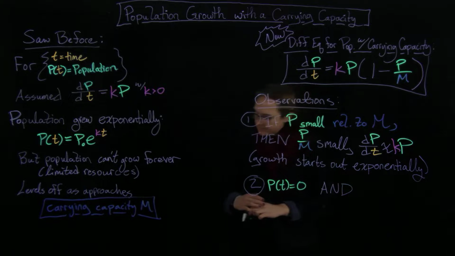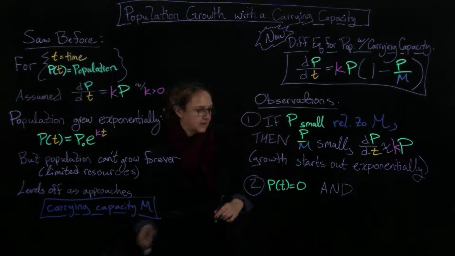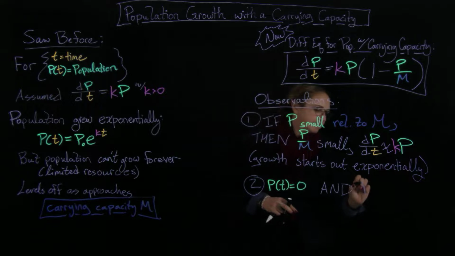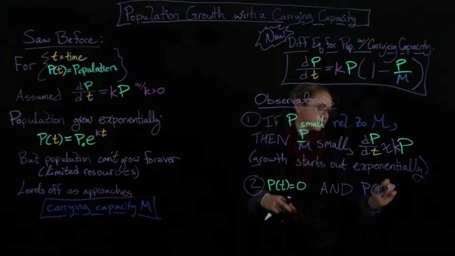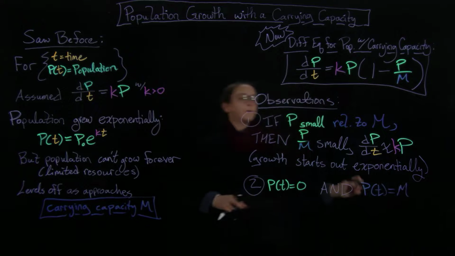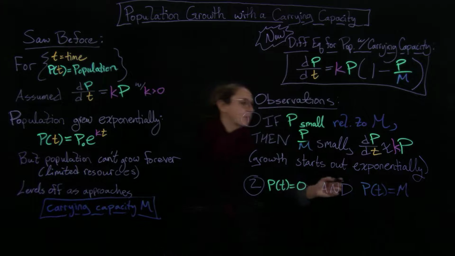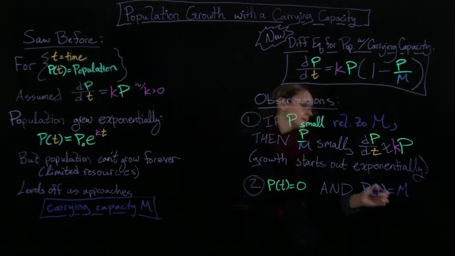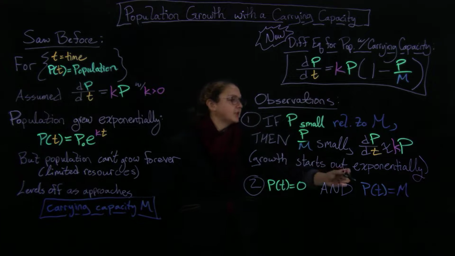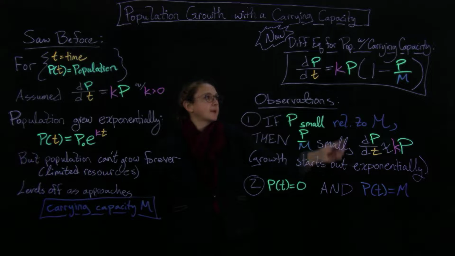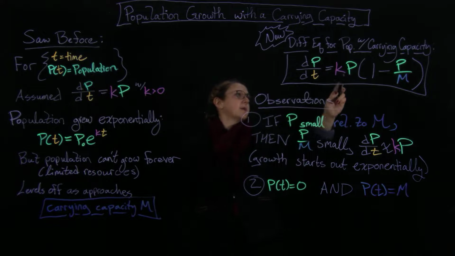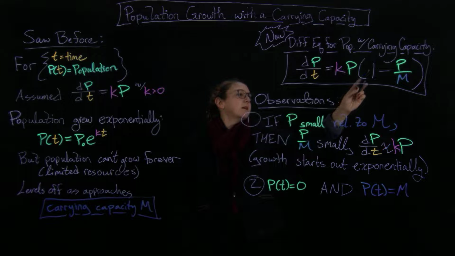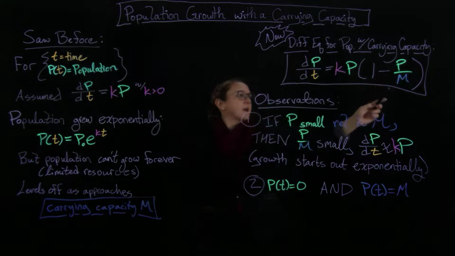So also if we get out our carrying capacity here, as this is a constant function, right? If we're at the population of M, then we have kP, and then we have 1 minus M over M, so that's 1 minus 1, so this becomes 0.